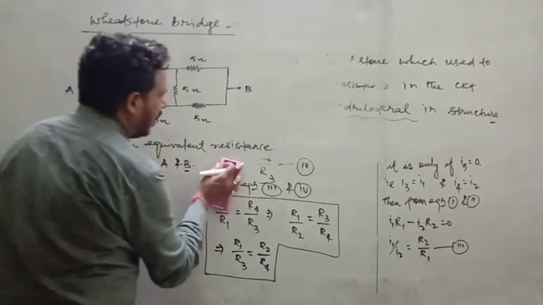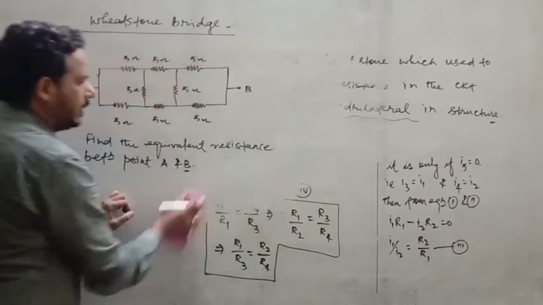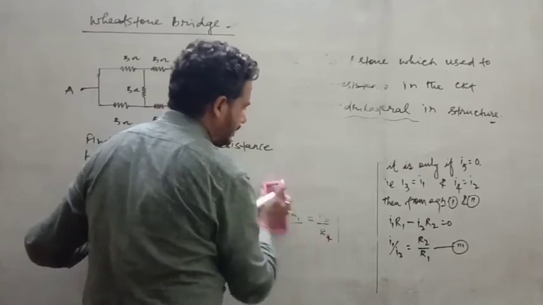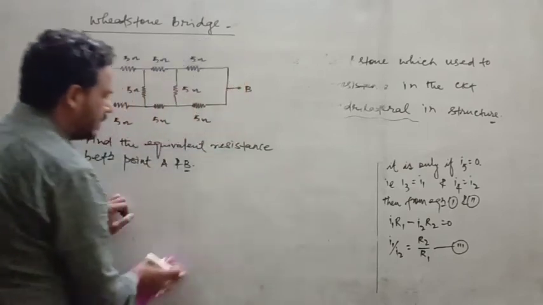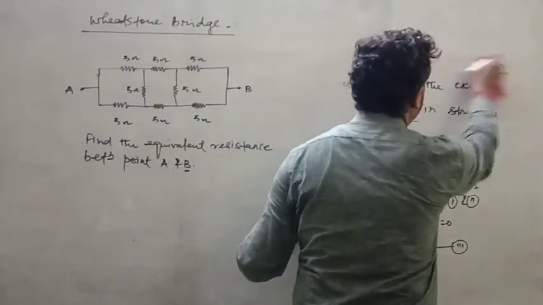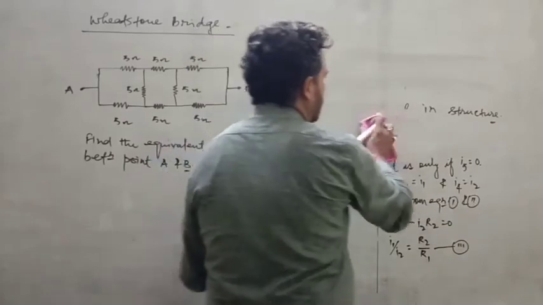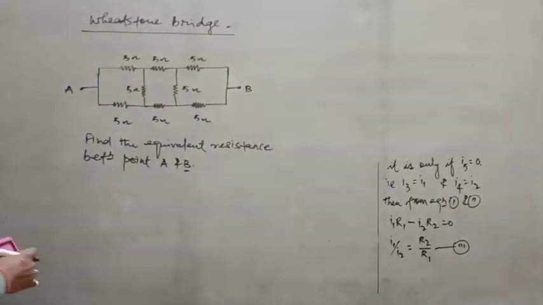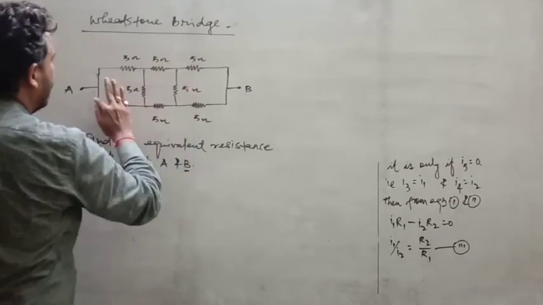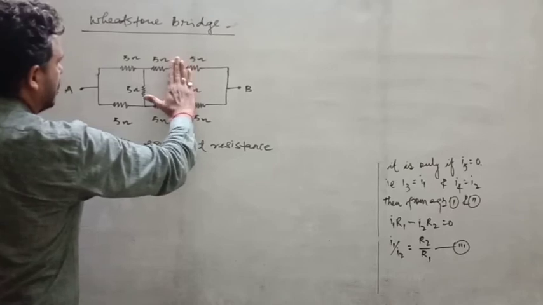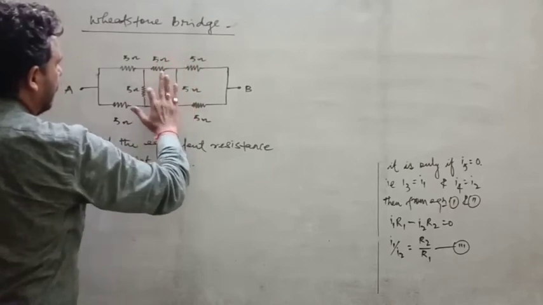So how? Now you need to observe this circuit diagram: it is not a simple circuit, it is a complex circuit diagram. This structure is like a Wheatstone bridge. How? If you put your hand here, 1 arm, 2 arm, this is like a quadrilateral structure, so current will not flow here.